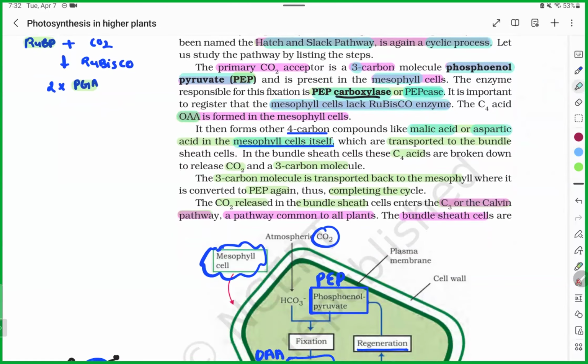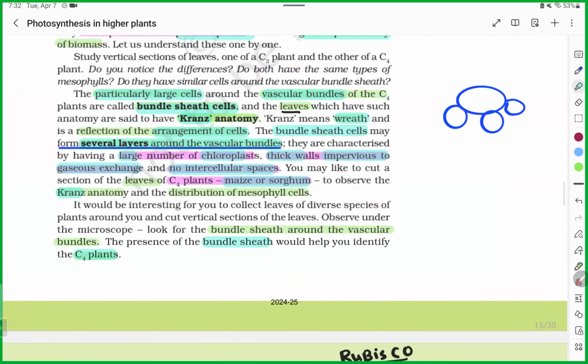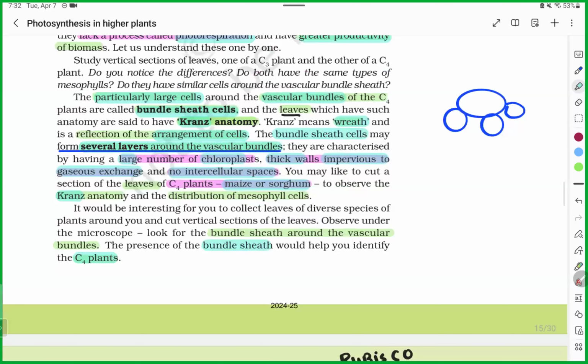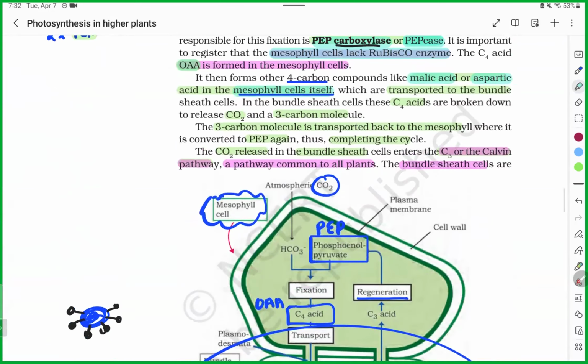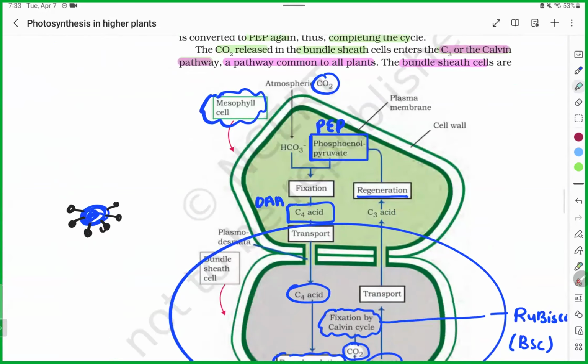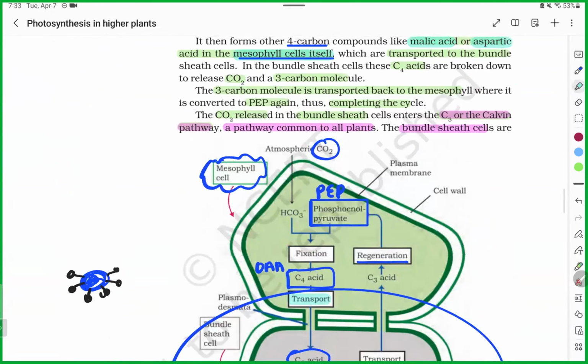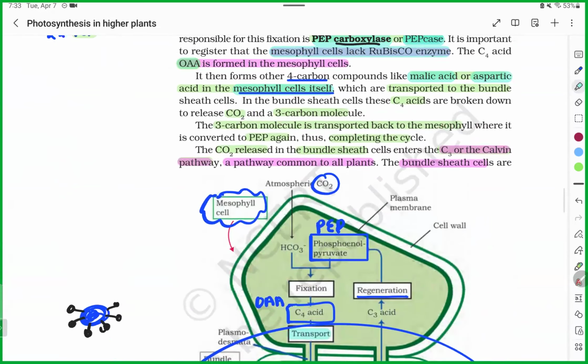Like bundle sheath cells forming multiple layers around the vascular bundle is important, same here, this is really important. Malic acid and aspartic acid both are produced in mesophyll cells, then transported to bundle sheath cells. Next.